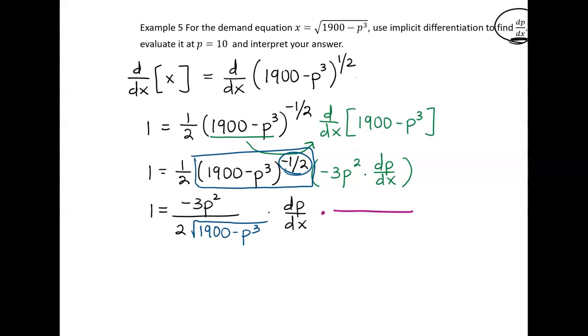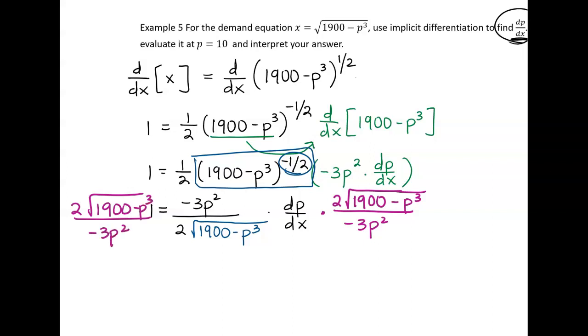on both sides of the equation, I'm trying to get rid of this fraction. We want to divide by that fraction, which is the same as multiplying by the reciprocal. So I'm multiplying both sides by 2 times the square root of 1900 minus p cubed divided by a negative 3p squared. And we need to do that on both sides of the equation. So we're now left with the denominator here canceling and the negative 3p squared canceling.